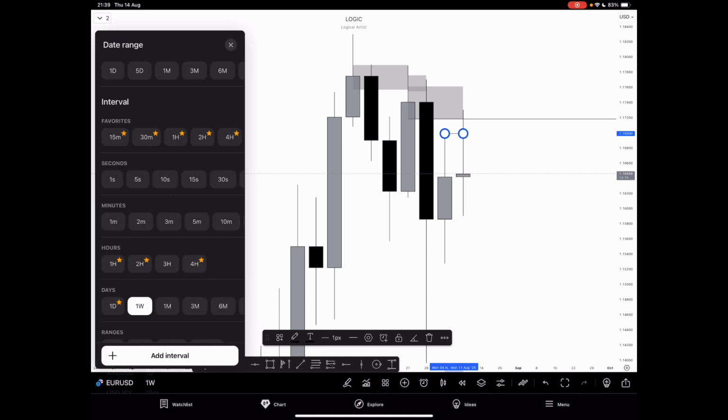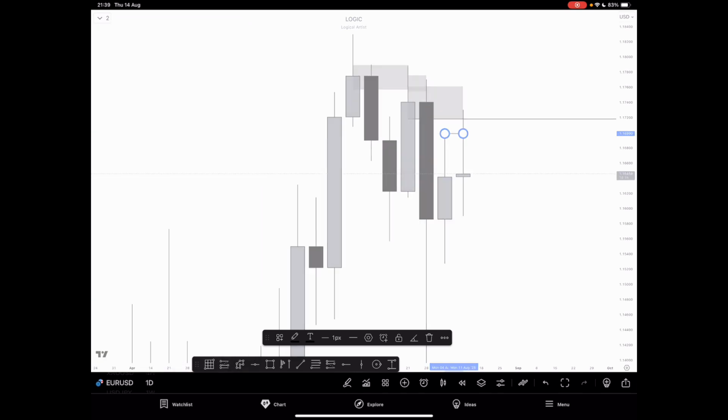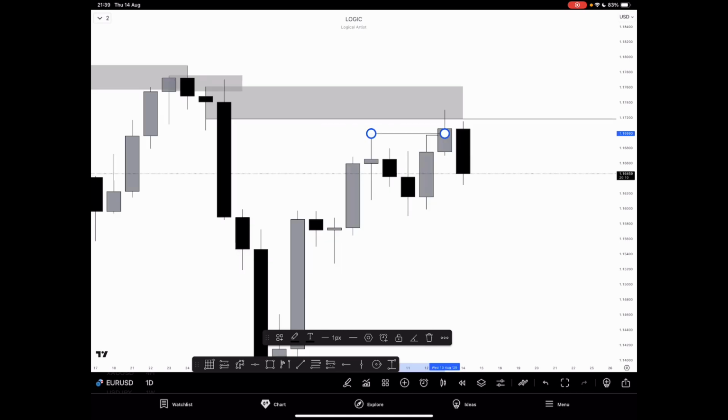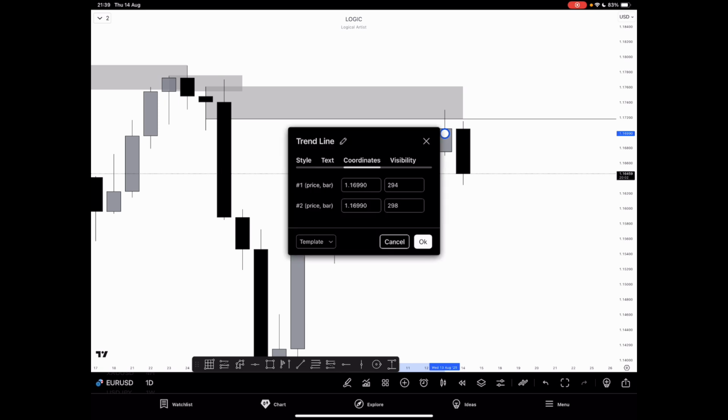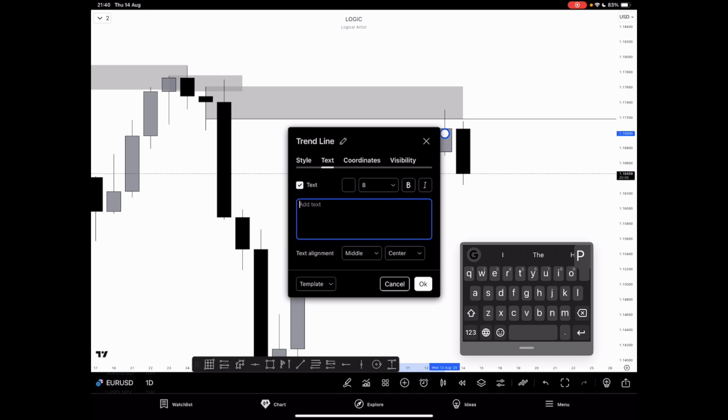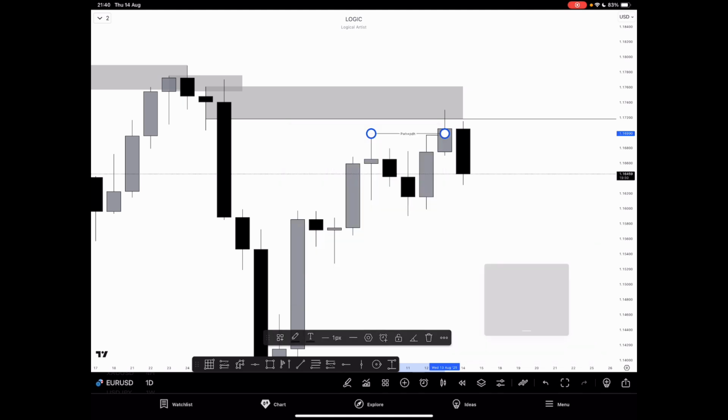So in that case, let me label something. We have this previous week high, and also it's kind of overlapping with that previous day high. So let me just label it as PWH plus PDH. So in that case, what should be our target?